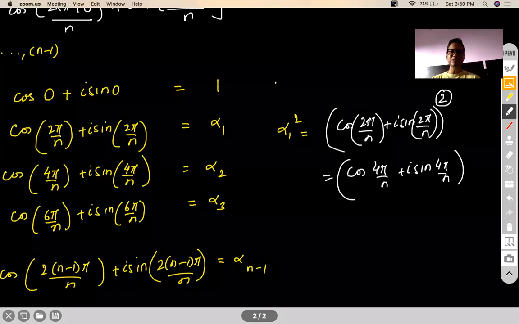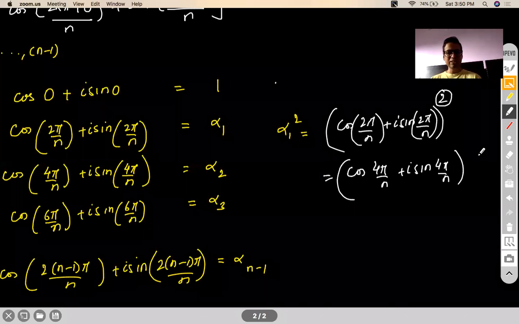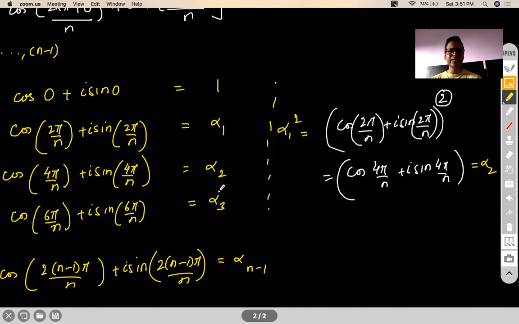That's nothing but alpha 2, correct? And to add to it, you will realize that alpha 3 is the cube of alpha 1. Similarly, alpha 4 will be the fourth power of alpha 1, and so on and so forth, right?